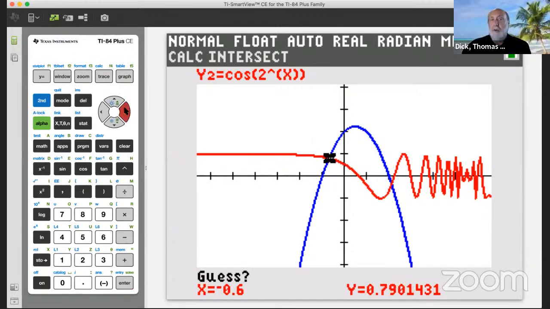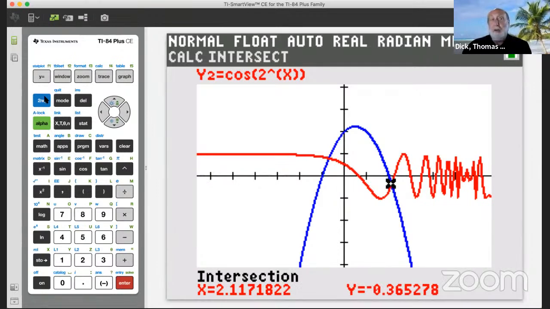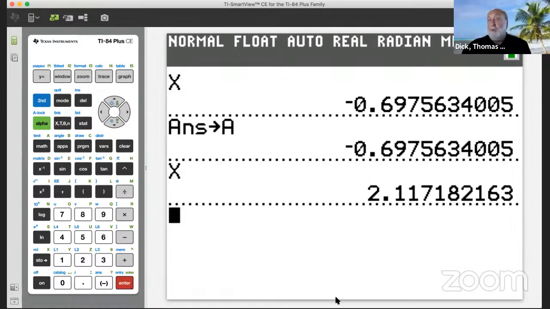But now I'm going to move over to that other intersection point nearby. It gives me that in much better accuracy. But then again, I will quit from the graph. And the X value that's in there now is the latest one it found, which was that intersection X value.